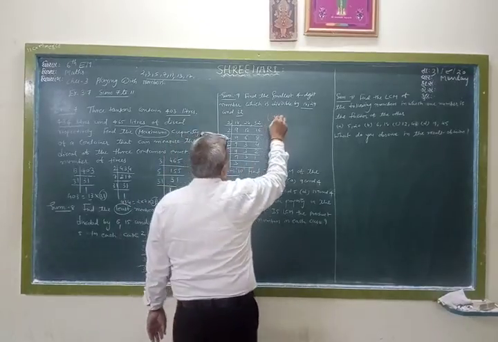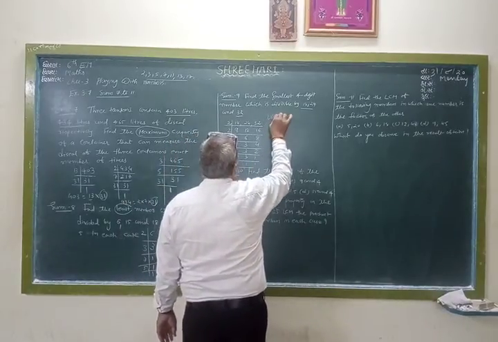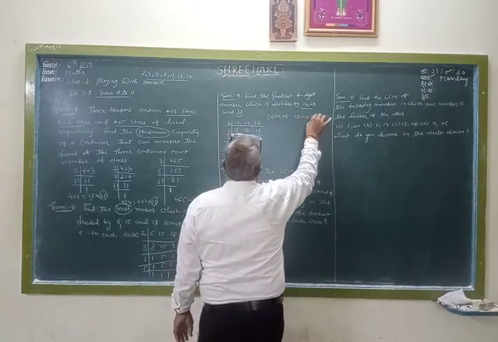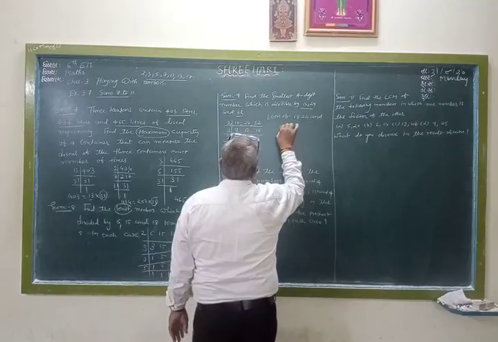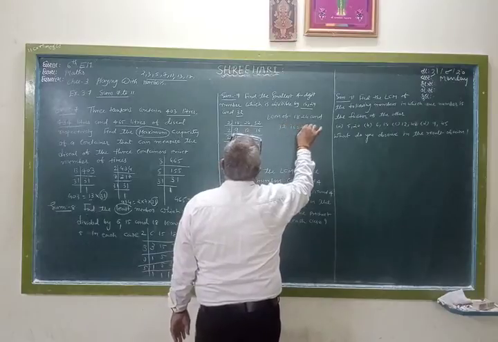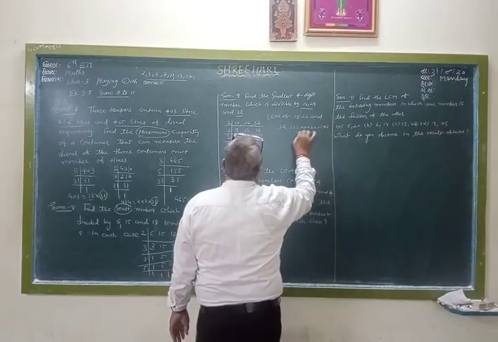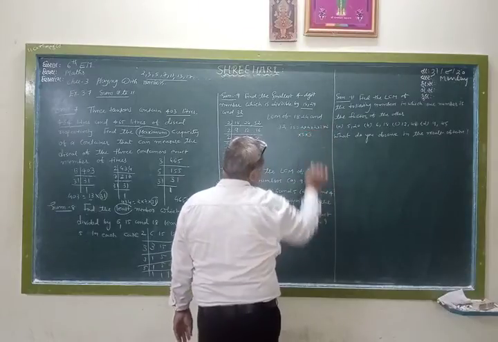LCM of 18, 24 and 32 is 2 into 2 into 2 into 2, 5 times 2, into 3 into 3.